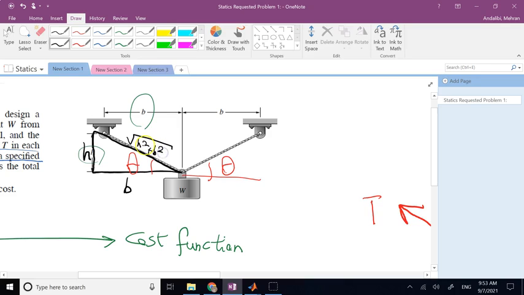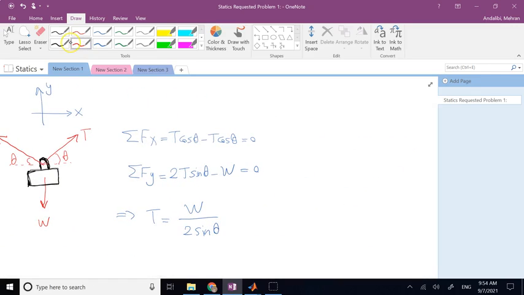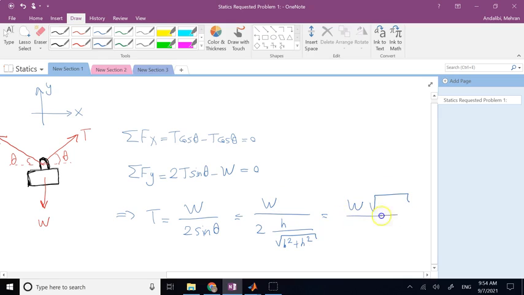So if I write for sine of theta in terms of h, it is going to be w over 2 times h over square root of b squared plus h squared. So if I do the simplification, I will get this kind of function.